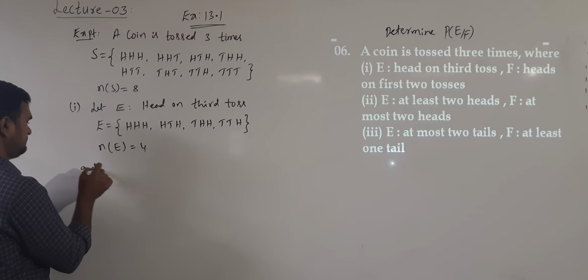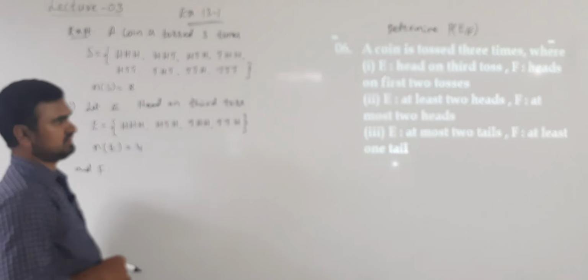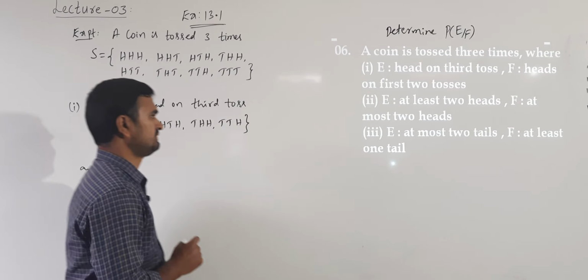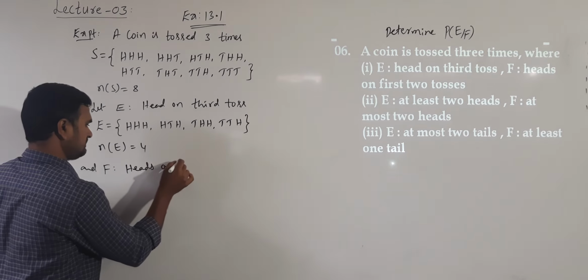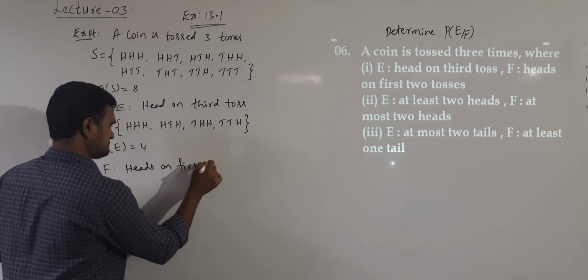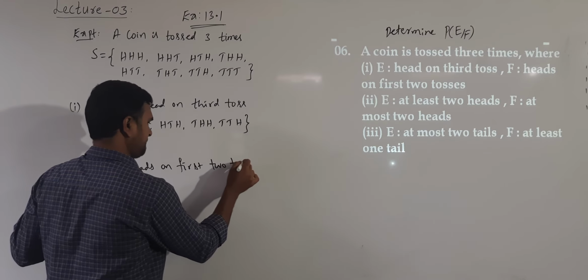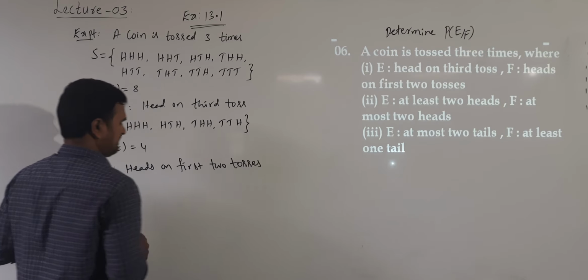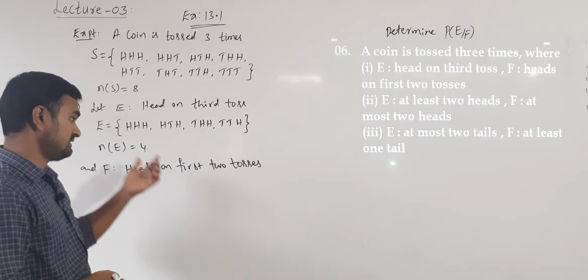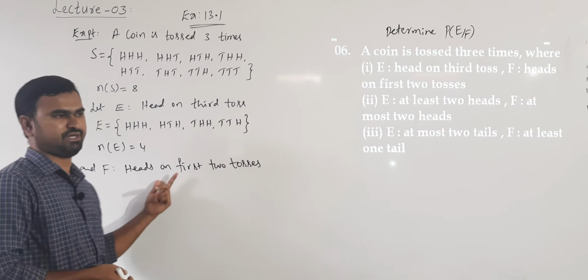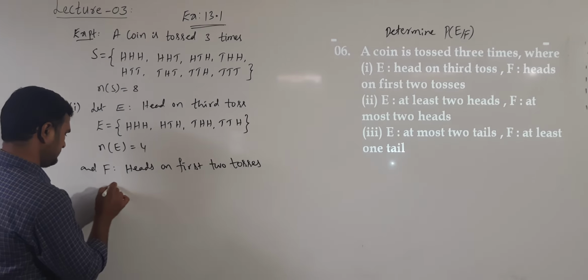Next, F is the event heads on first 2 tosses. So whatever the result on the third toss, here we are interested in only the first 2 tosses, they should be head. So what will be the elements of F?